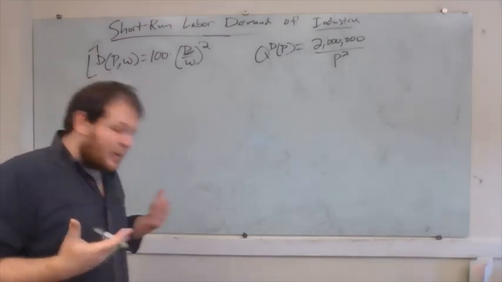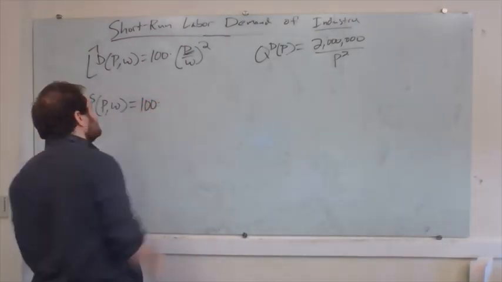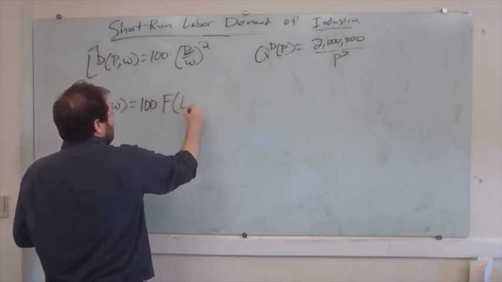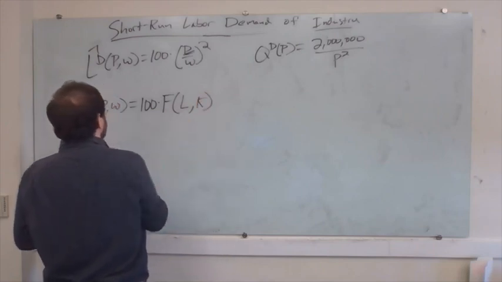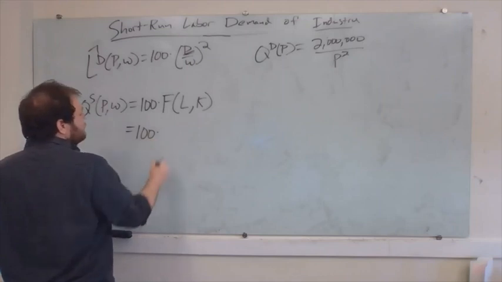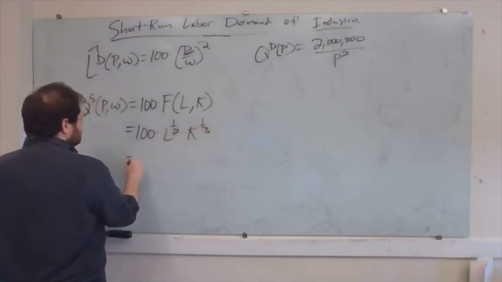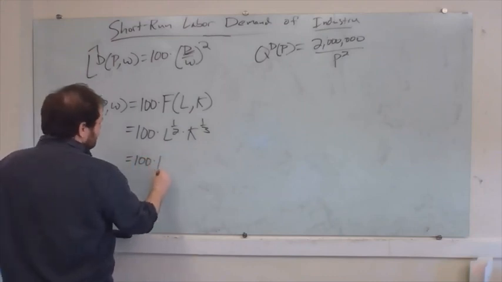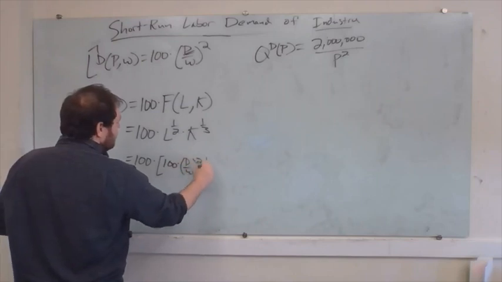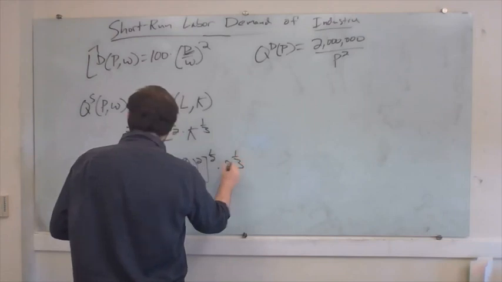Well, the number of strawberries we grow is just going to be, right, 100 times the number of strawberries each particular firm grows, which is going to be F of L and K, right? Just like we did before. So what's this going to be? It's going to be 100 times L to the 1/2 times K to the 1/3, which is going to be 100 times P over W squared to the 1/2 times 8 to the 1/3.